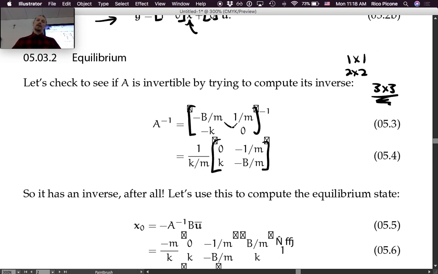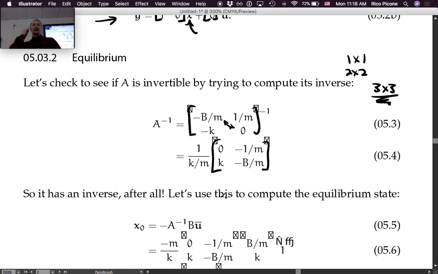You just take the original array and you swap the two diagonal terms. So the 0 went up to the upper left, and the negative b over m went to the bottom right. So you swap the diagonals, and then the other two you leave where they are, but you just change the sign on them. So instead of 1 over m, we have negative 1 over m. Instead of negative k, we have k. So that's how you do it.